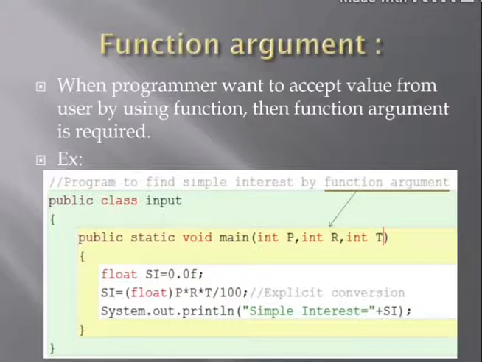Every argument has its own data type. Remember that. That's why I've written int p, int r, int t. Different data types we have to place. Each and every argument has its own data type. Any number of arguments we can take here.